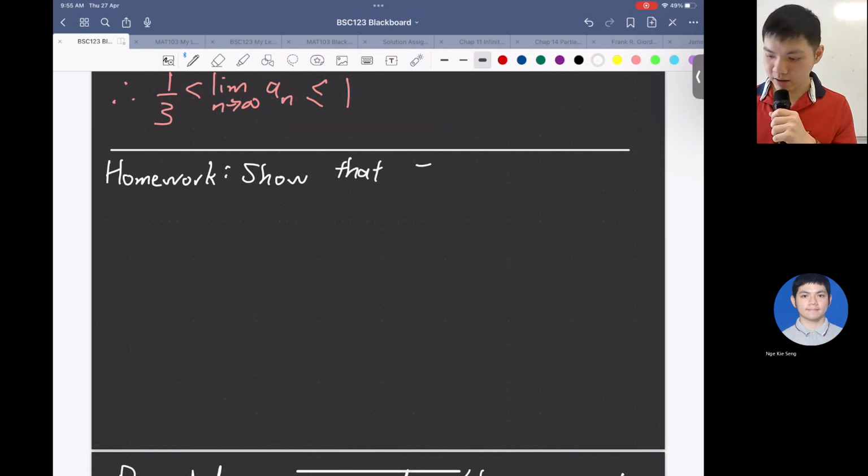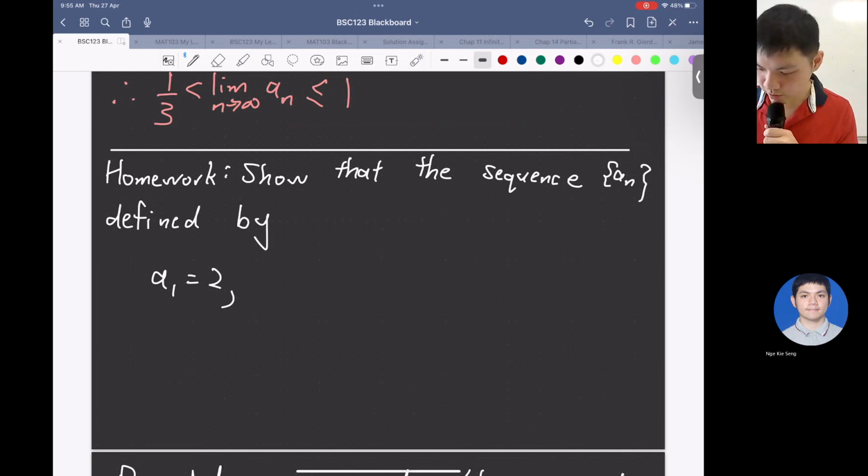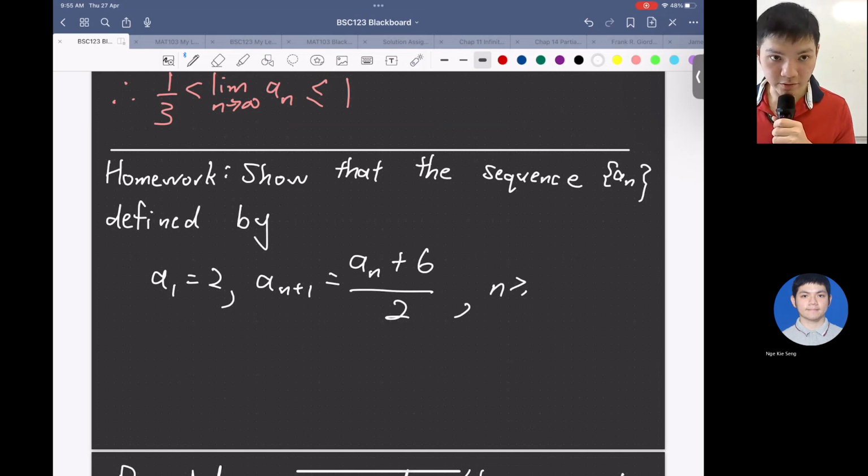Show that the sequence a_n defined by a_1 equals 2, a_{n+1} equals (a_n plus 6) over 2 for n greater than or equal to 1 is convergent.